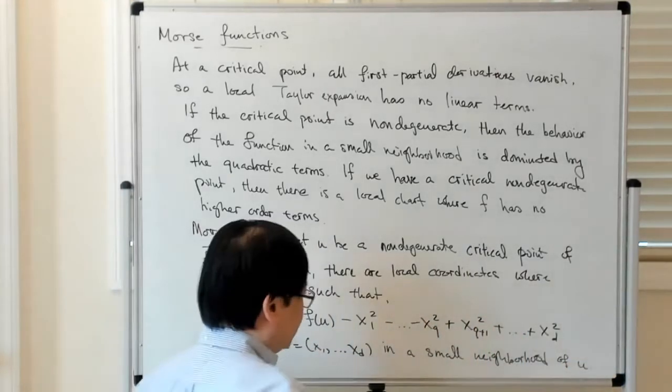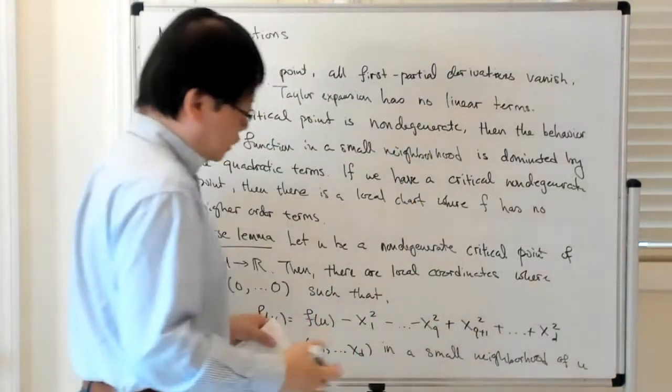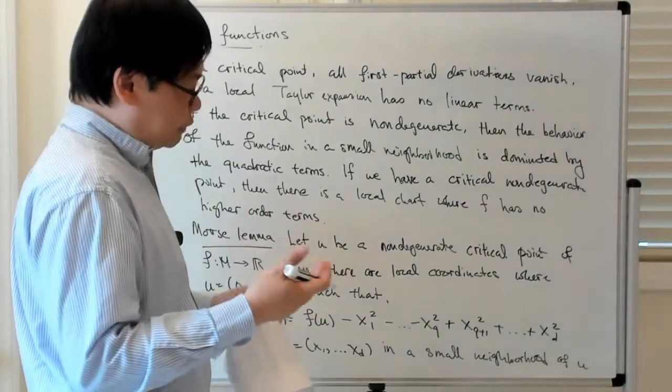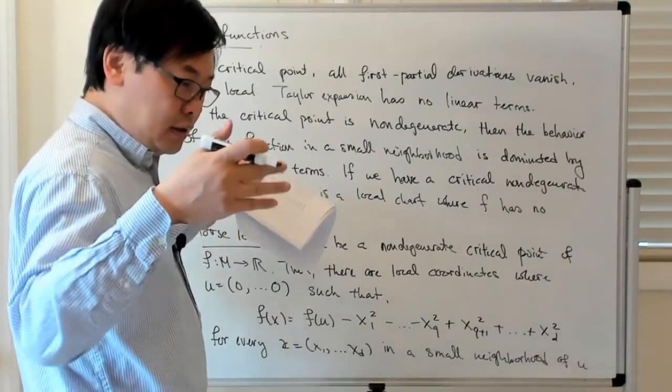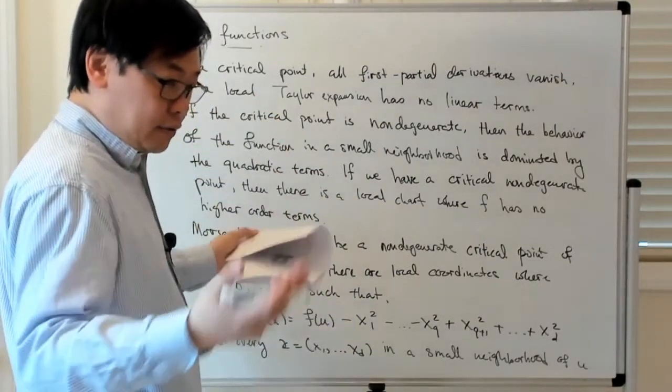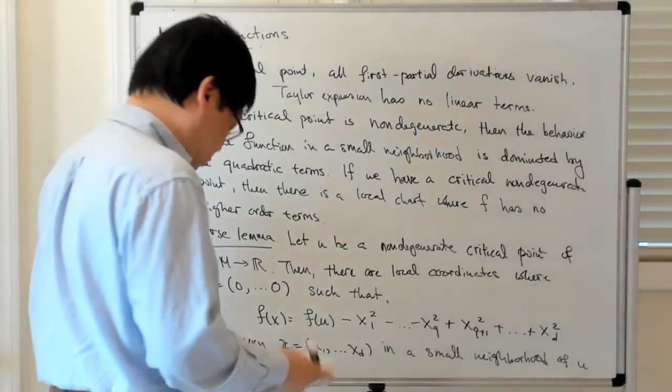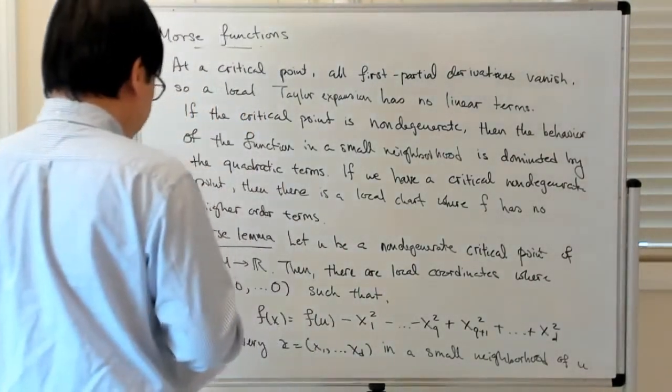Okay, and you've probably heard of the second derivative test. The sign of the second derivatives tells you something about whether something is locally a minimizer or a maximizer, at least in that direction.